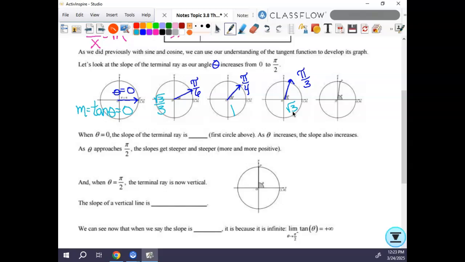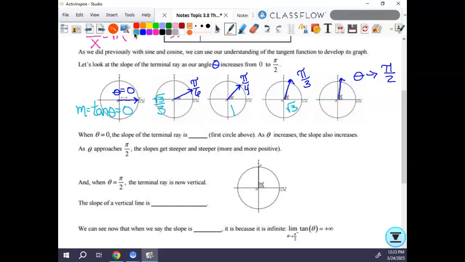And then we have this angle, which we don't know what it is, but theta is approaching pi halves. Okay, that's what's happening there. Theta is getting close to pi halves. Look at your tangent values. We started at 0, square root of 3 over 3, 1, square root of 3. How would you describe what's happening to those? They're getting bigger, right?